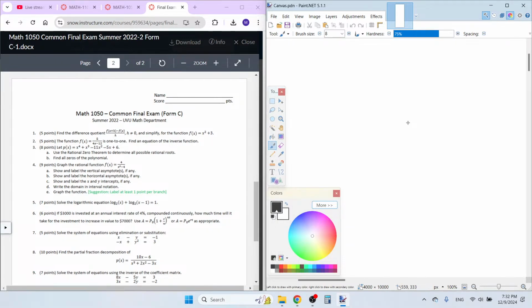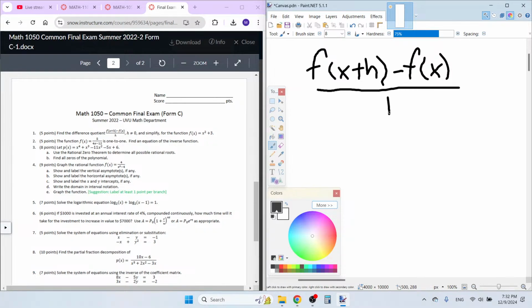So here we go. This is the difference formula, f of x plus h minus f of x over h. And if we plug in f, we're told that f of x equals x squared plus 3.